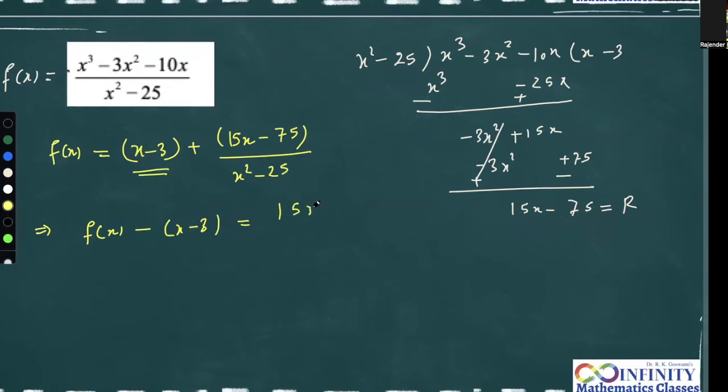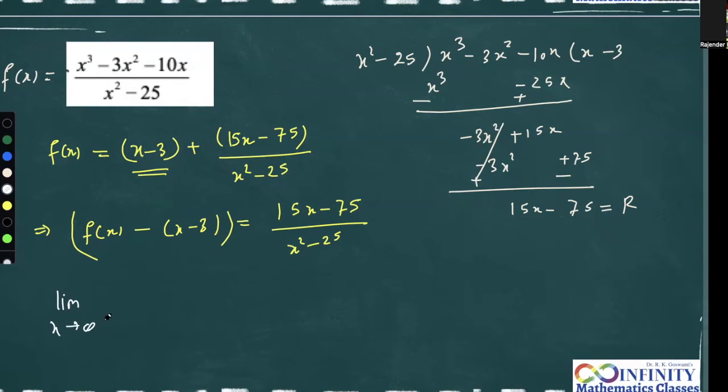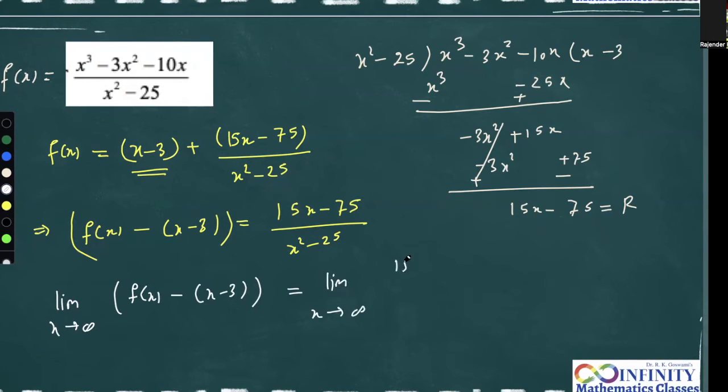The right hand side will have 15x minus 75 divided by x square minus 25. Now please help me. You need to take the limit as x tends to infinity of f(x) minus (x minus 3), applying the limit on the right hand side also.